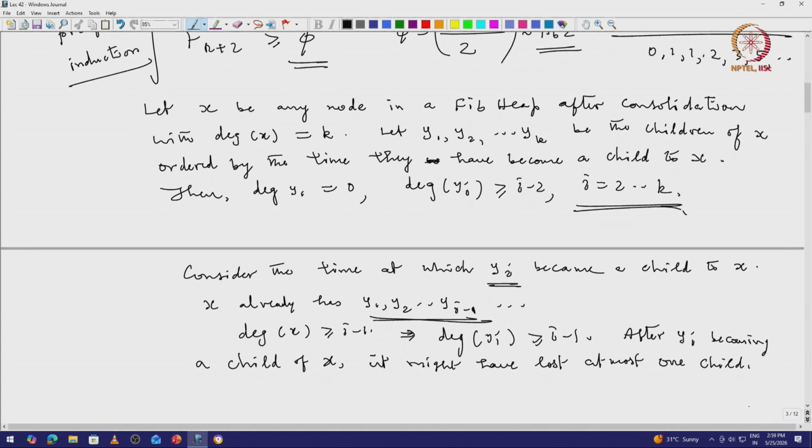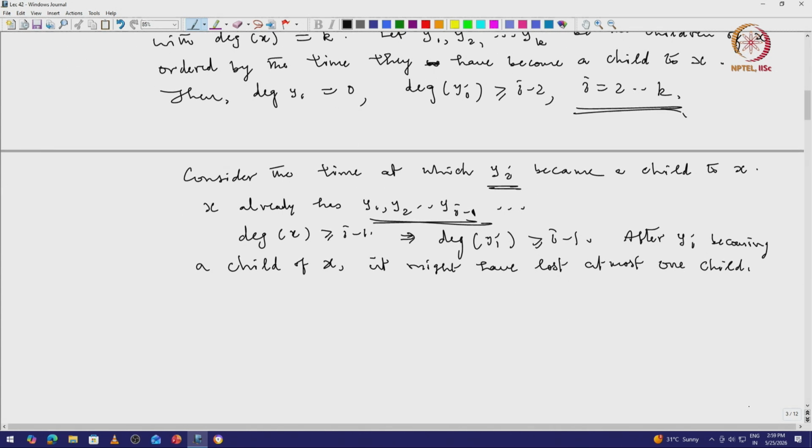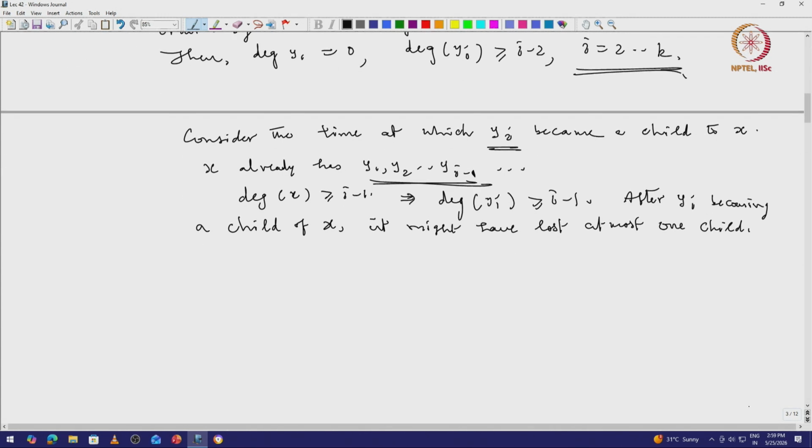If it is losing the second child, immediately after losing one child you are marking it. And if yi had lost one more child, yi will not be here as a child of x. It would have moved to the root list.